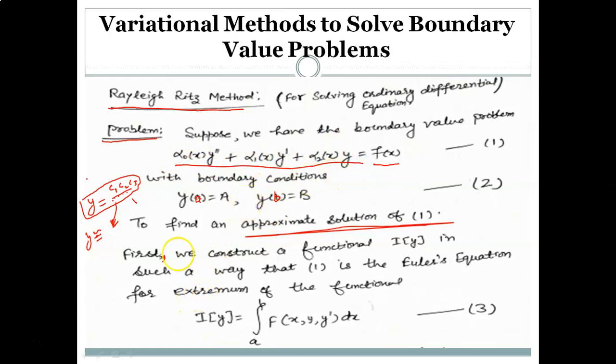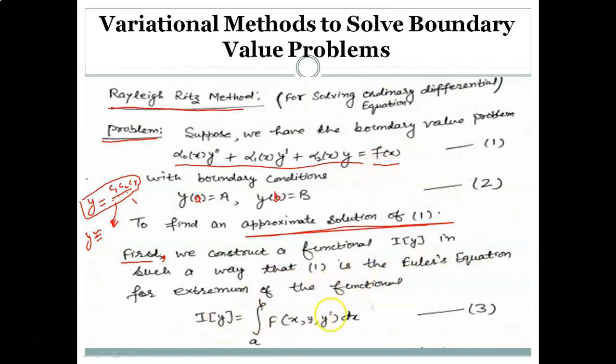The Rayleigh-Ritz method basically has certain steps to get the approximate solution of this kind of equation. In the first step, we construct a functional I(y) in such a way that this given differential equation is the Euler equation for the extremum of the functional.